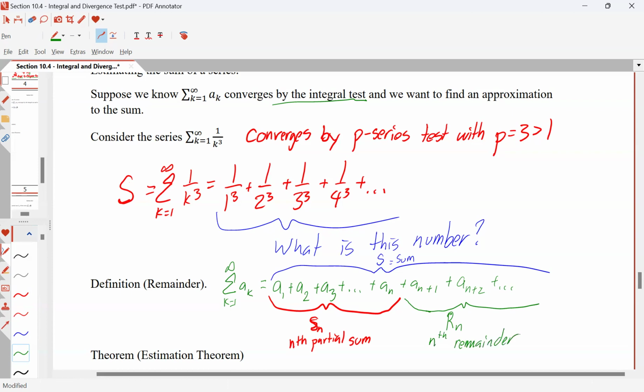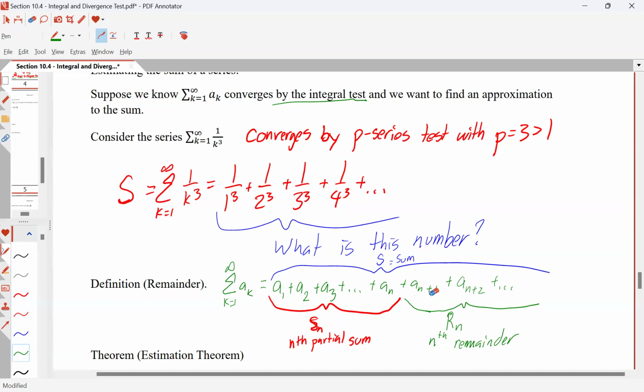Notice that the nth remainder starts at n plus 1. So this is a weird mental hurdle: we're going to see this r sub n keep coming up, but we need to know that means the n plus 1 term onward. So the nth remainder is the n plus 1 term plus the n plus 2 term plus onward.